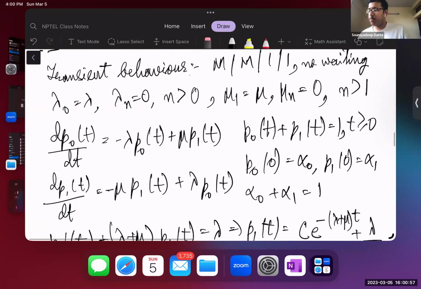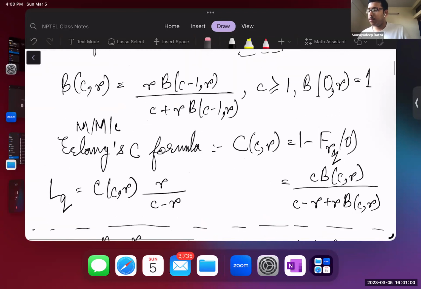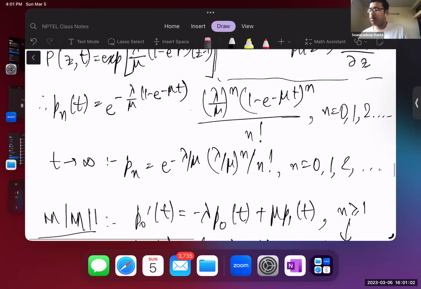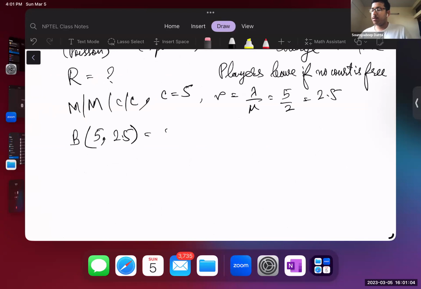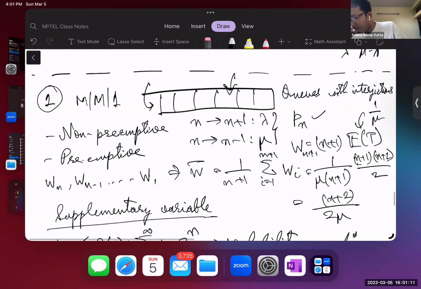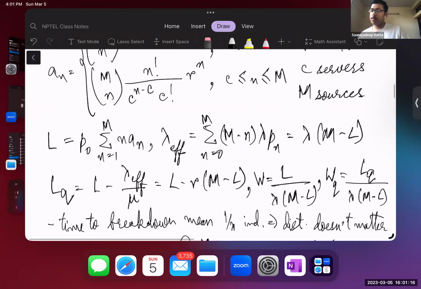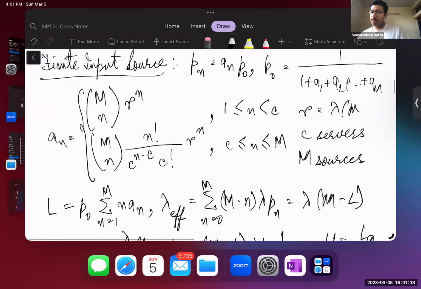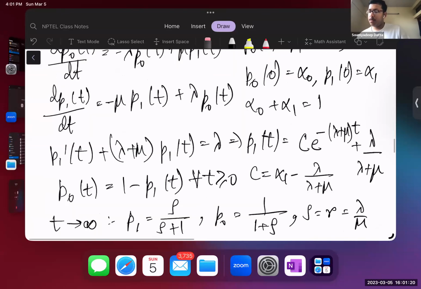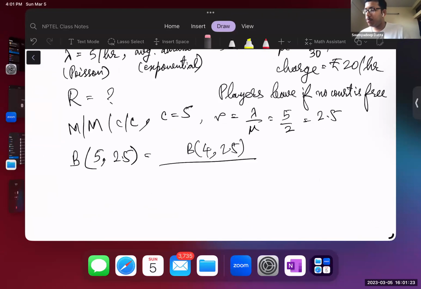So let's see how we can start. B(5, 2.5) is R times B(4, 2.5) divided by, let's check the formula again, C plus R times B(4, 2.5), where R is 2.5.